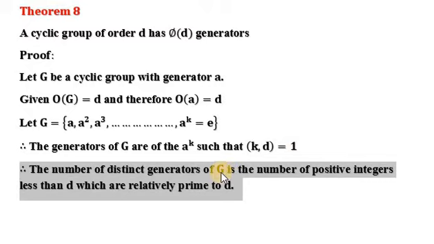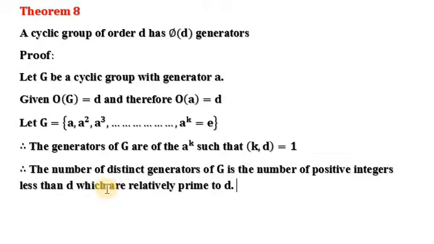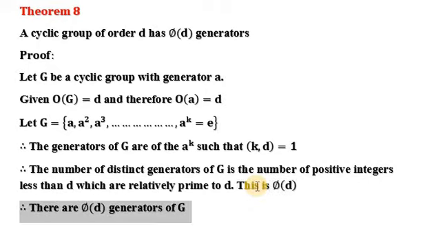Therefore, the number of distinct generators of G is the number of positive integers less than D which are relatively prime to D. That is phi of D. So phi of D will give you the number of generators of G.